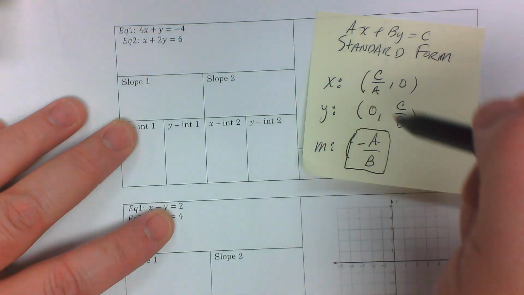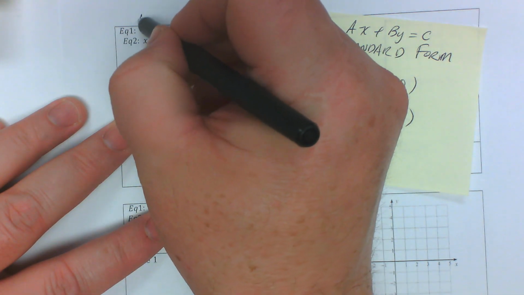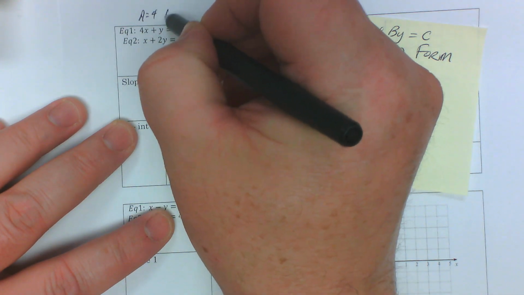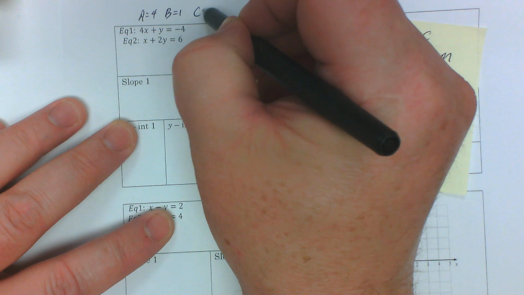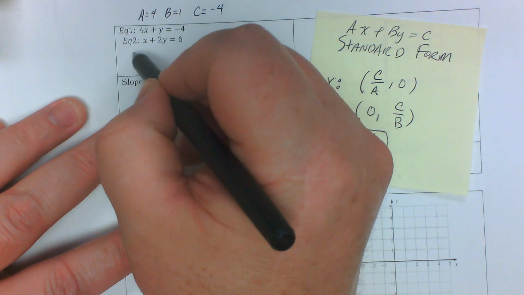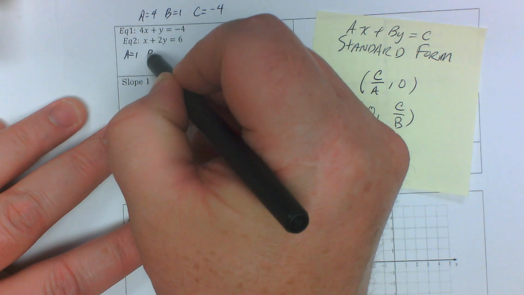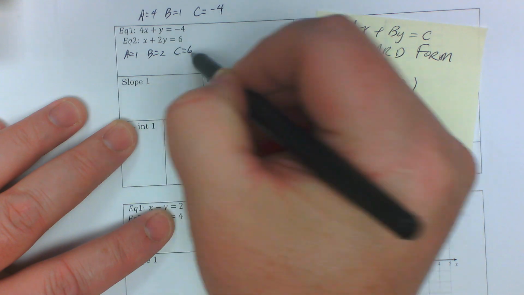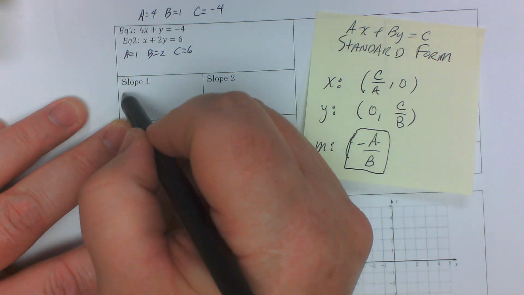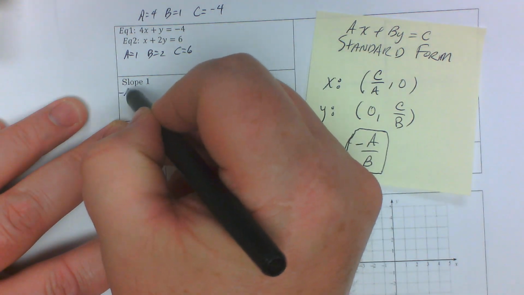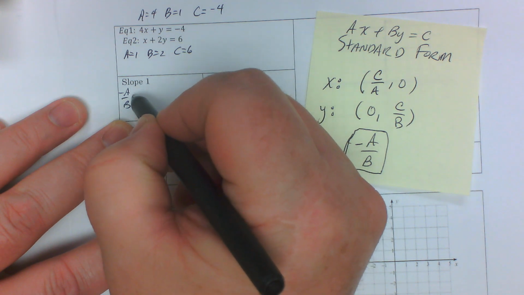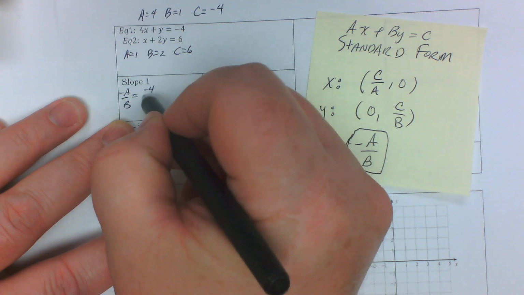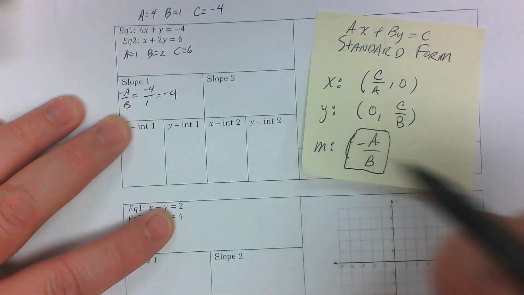It's -a over b. So here, a is 4, b is 1, c is -4. And for our second one, a is 1, b is 2, and c is 6. So let's do our slope. Our slope is -a over b, so that's going to be -4 over 1, which is -4.